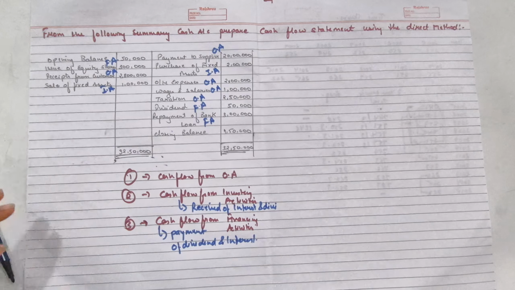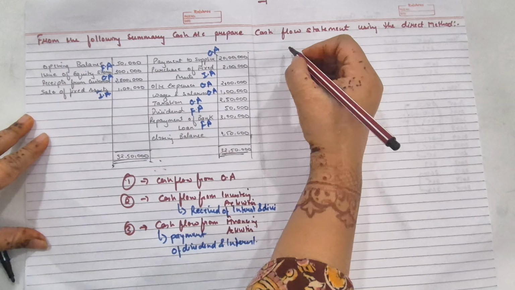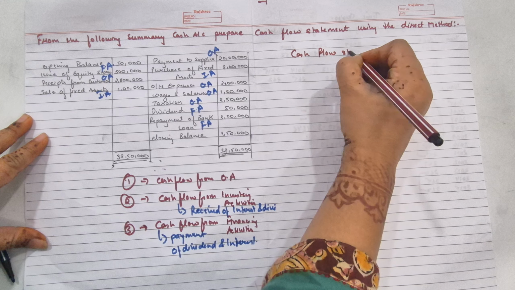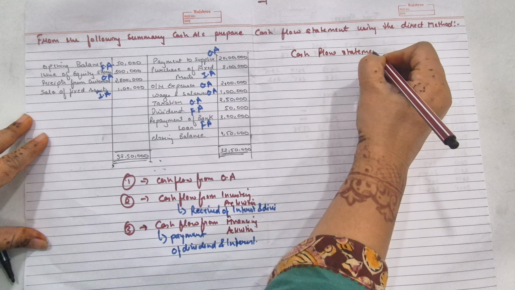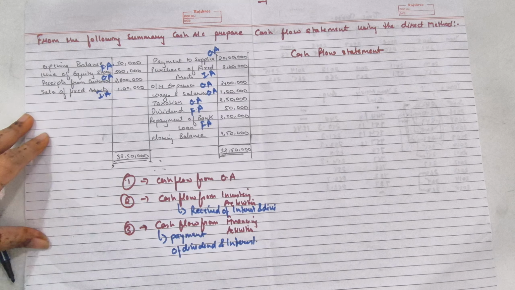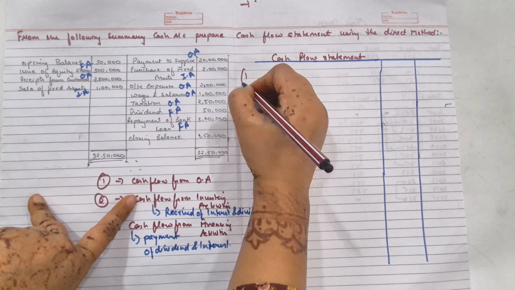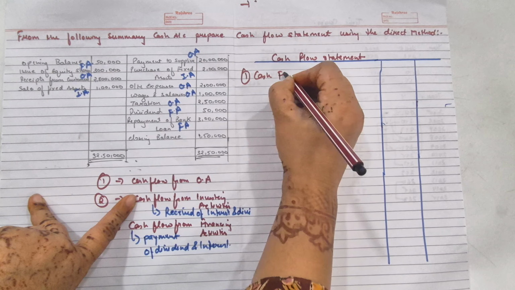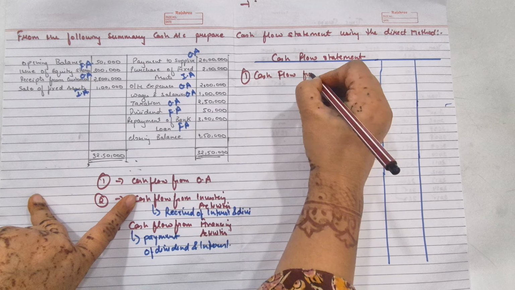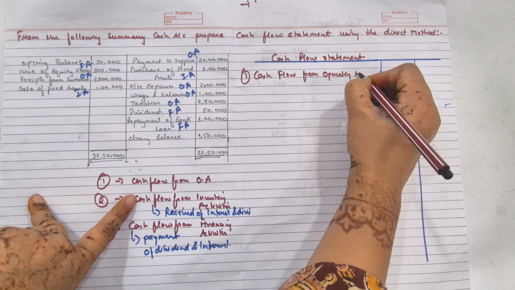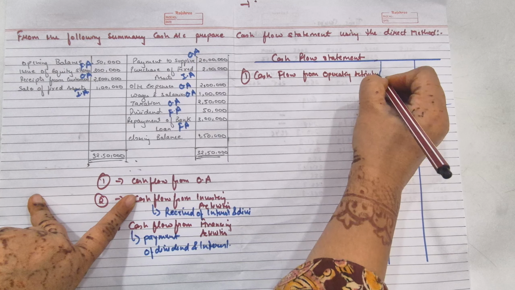Now we will start with our cash flow statement, beta. Fine. First would be our cash flow from operating activity, students. First we will calculate cash flow from operating activities.